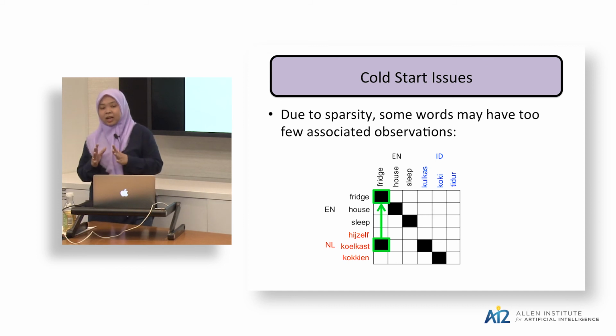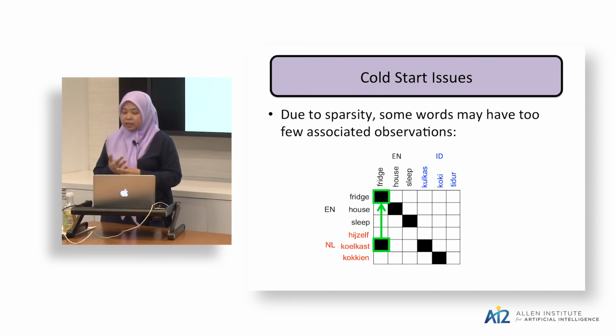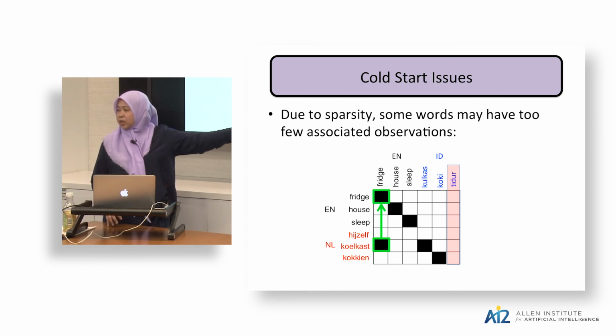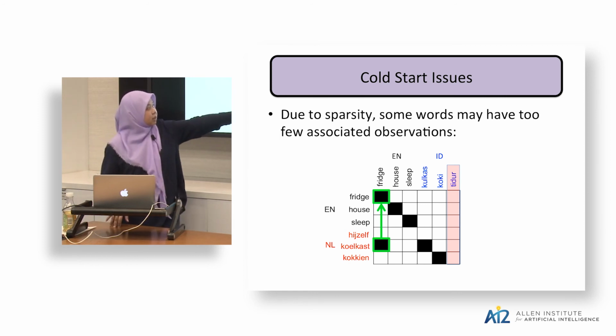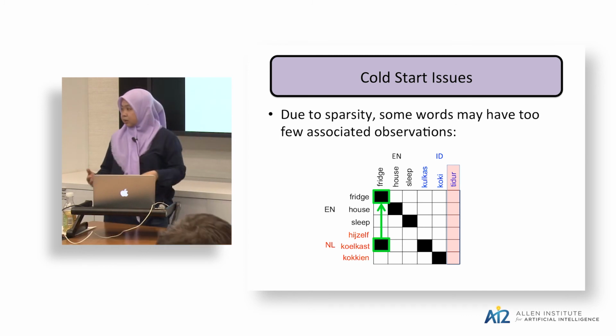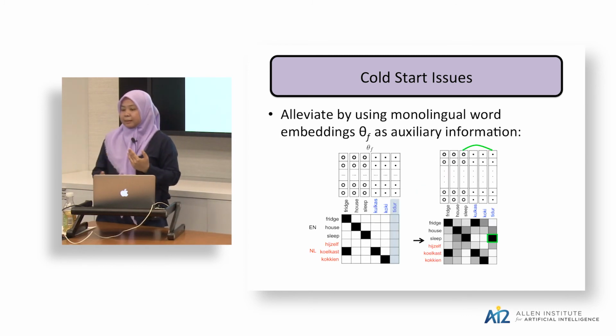However, BPR and matrix factorization in general suffer from cold start issues, where we do not have enough observations for a particular entry in our matrix. For example, this word has no associated observations, so the matrix completion approach will not work as well.